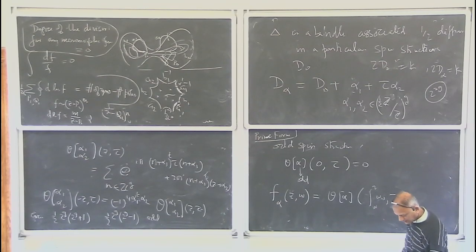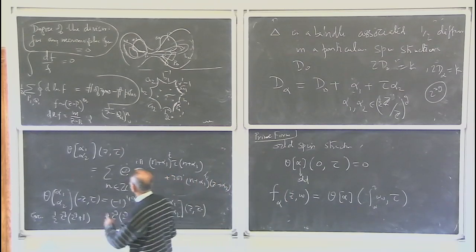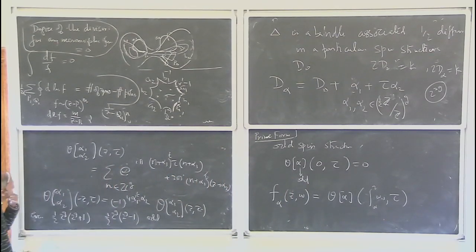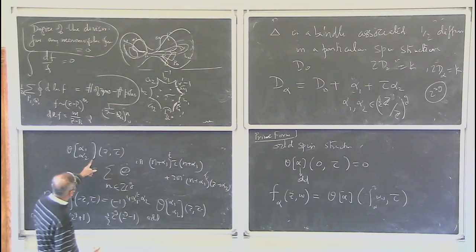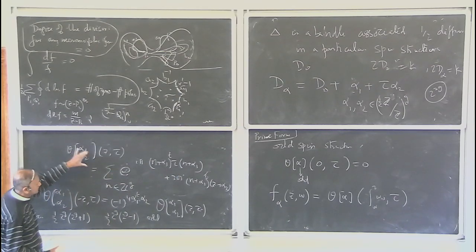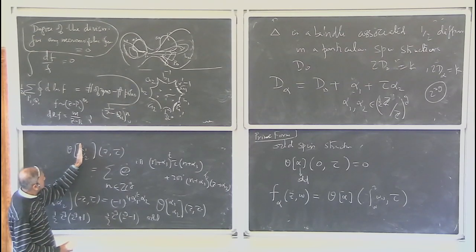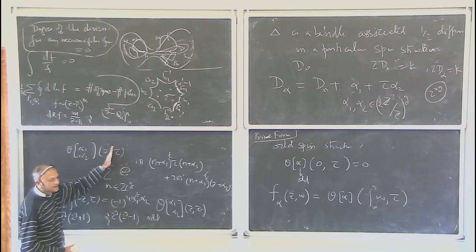Actually, maybe I should have mentioned something else here already. There are two ways of writing it. One is to write it like this, as a theta function. The other is you can take this object and put it inside the z.